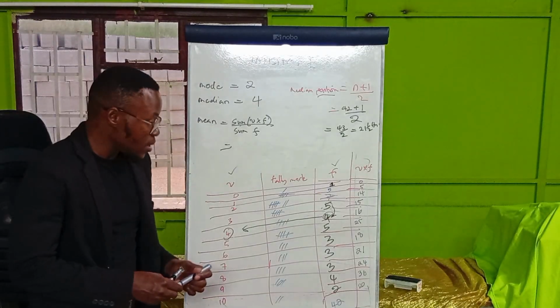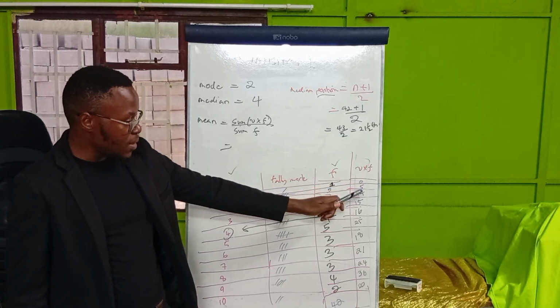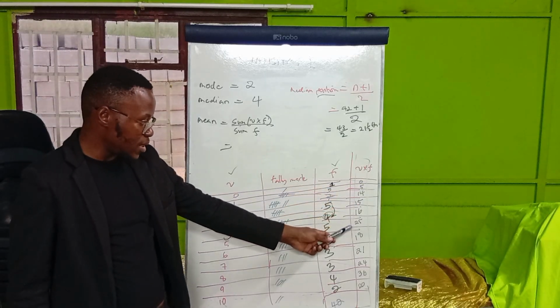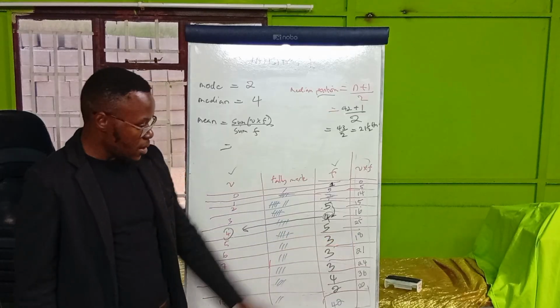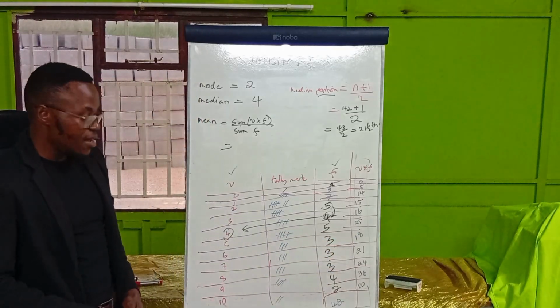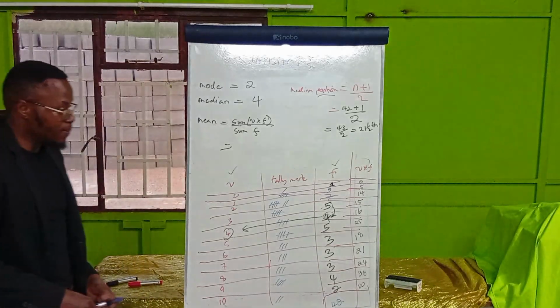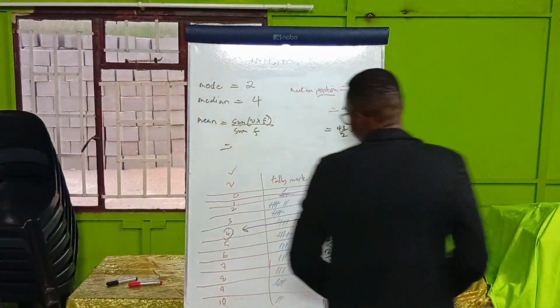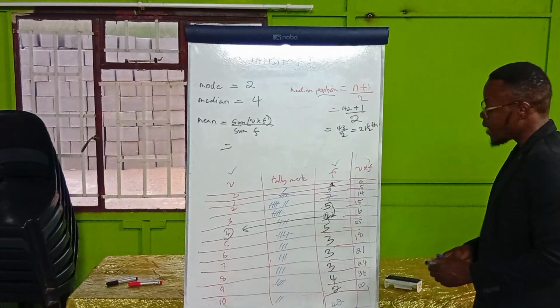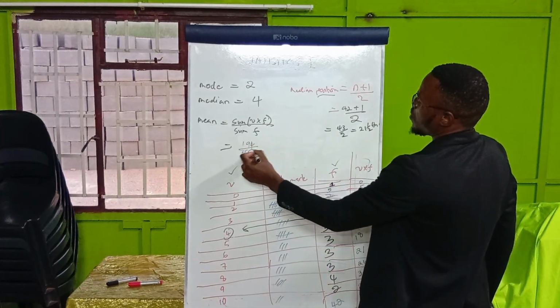In other words, we need to add 0 plus 5 plus 14 plus 15 plus 16, 25 plus 18 plus 21 plus 24 plus 36 and finally plus 20. So please add that for me. 194. Divide that by 42.